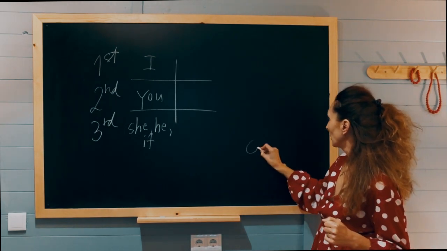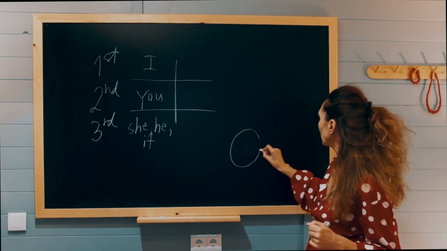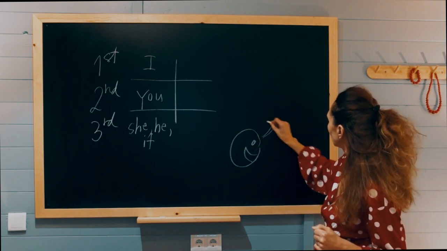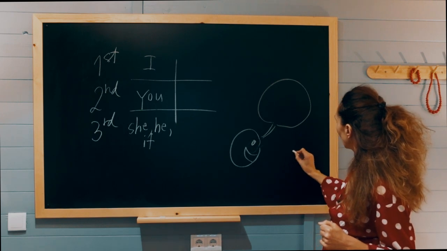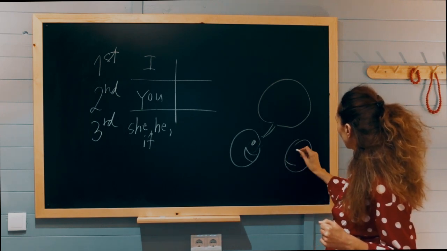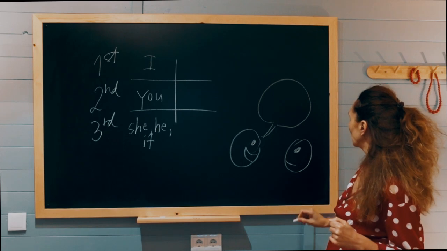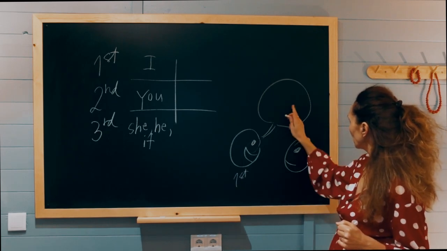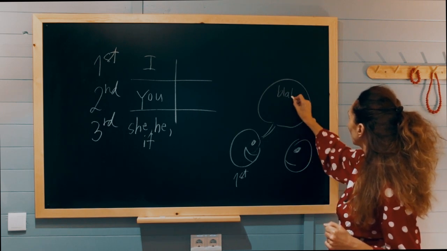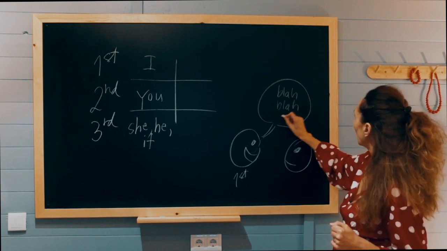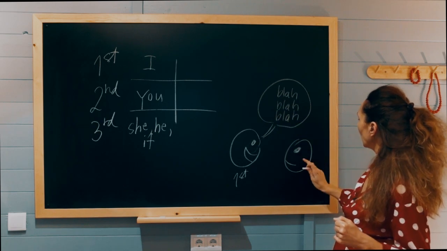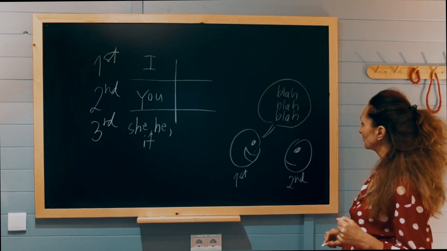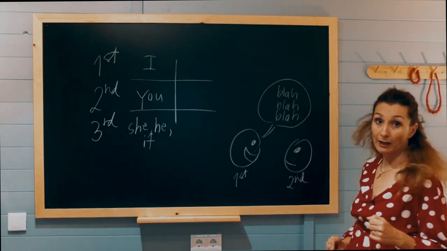If this is, let's see, I'm horrible at drawing. So if this is the speaker, and this one is just listening, this would be the first person speaking, blah, blah, blah, and this one listening is the second person, okay?